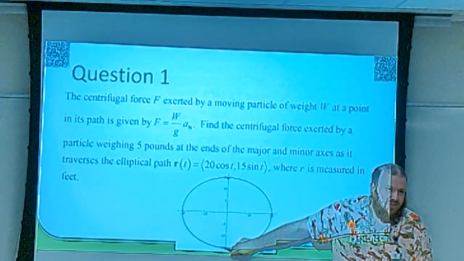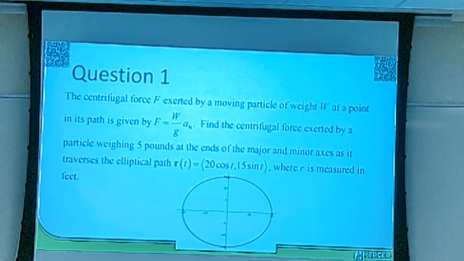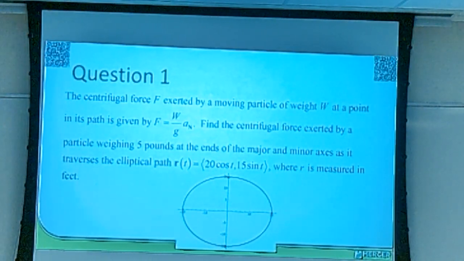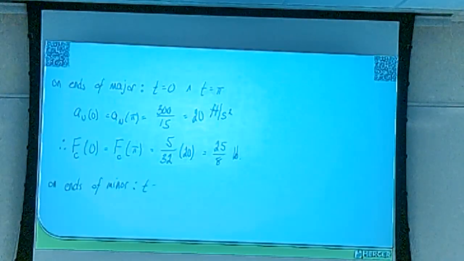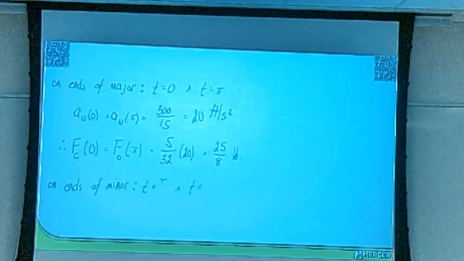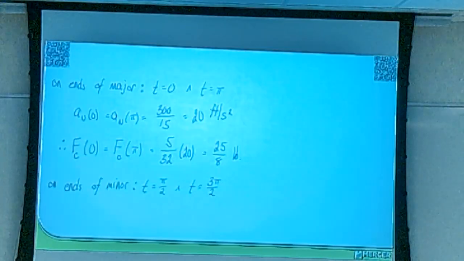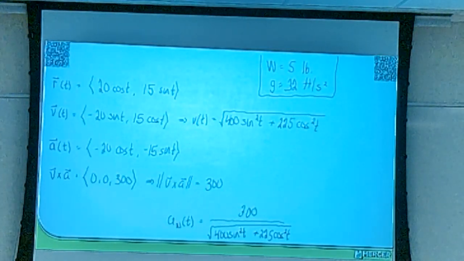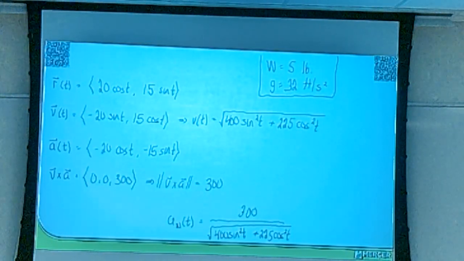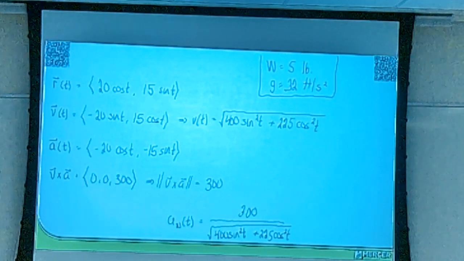Don't use negative pi over 2. 3 pi over 2. Doesn't matter, but we're going to stick between 0 and 2 pi. Same argument: cosine at those two points is 0. What's sine of pi over 2? Sine of 3 pi over 2? Negative. And when you square them, you get the exact same value.